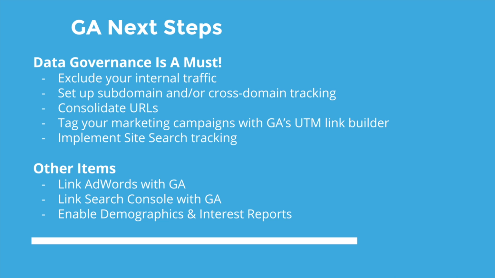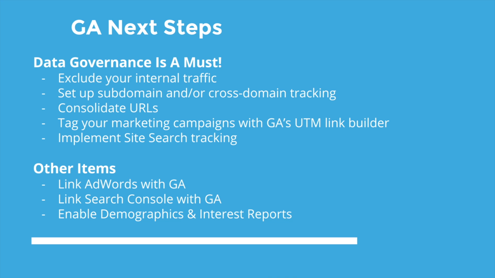You can apply a lowercase filter to force everything to lowercase. Next thing that I would recommend is tagging all of your marketing campaigns, whether that's paid or organic, including email, with GA's UTM link builder. And then the last thing, if you have site search, I would strongly recommend that you set up Google's site search tracking. There's a lot of really valuable stuff that can be found in there.